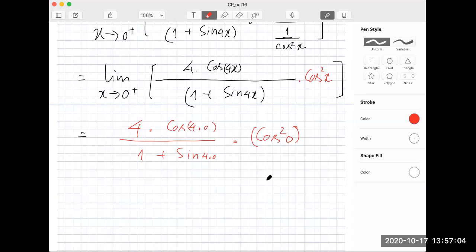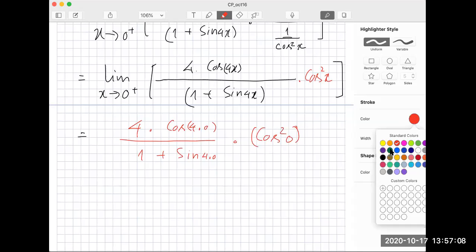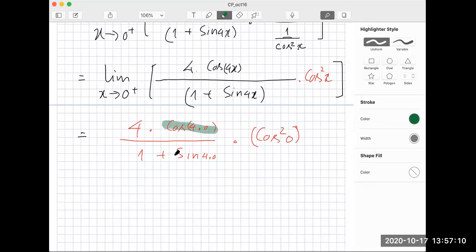And what is sine of 0? Thank you, Faith. Cosine of 0 is 1, and sine of 0 is 0.